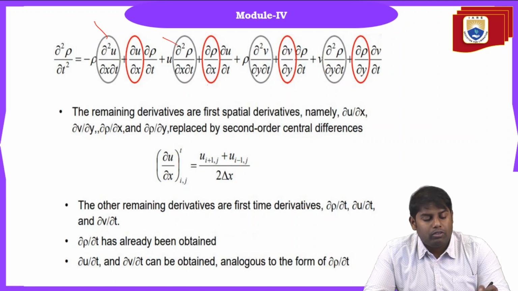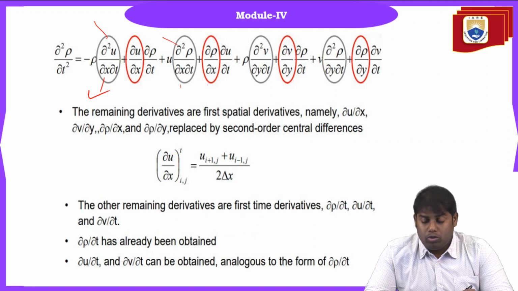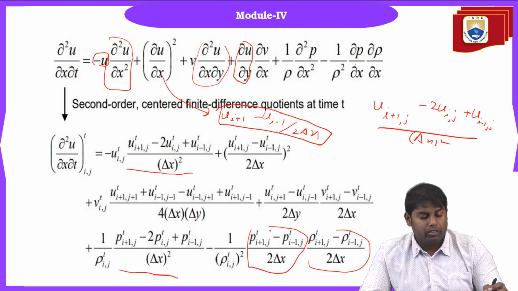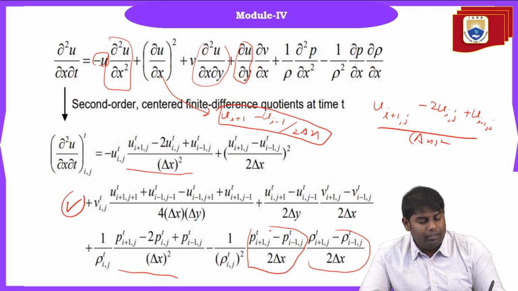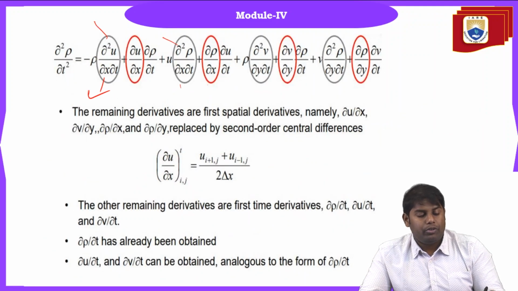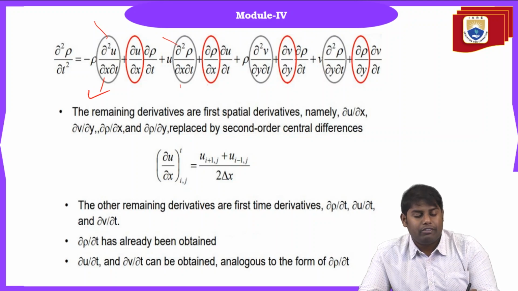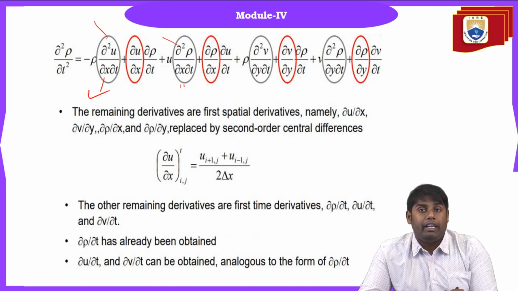The remaining terms, dou square u by dou x dou t and dou square v by dou y dou t, are again such lengthy expressions. Only this one term we are substituting here. Imagine when we do the same analysis for the four terms: you can see a very lengthy equation.